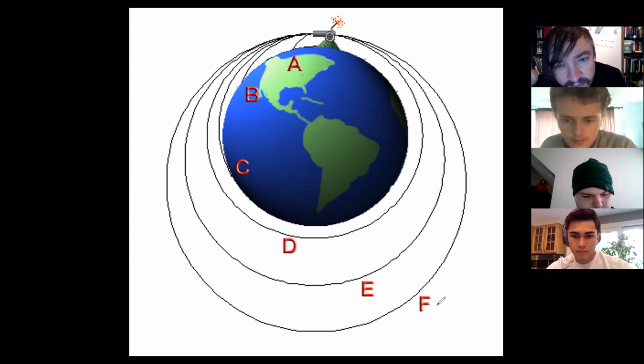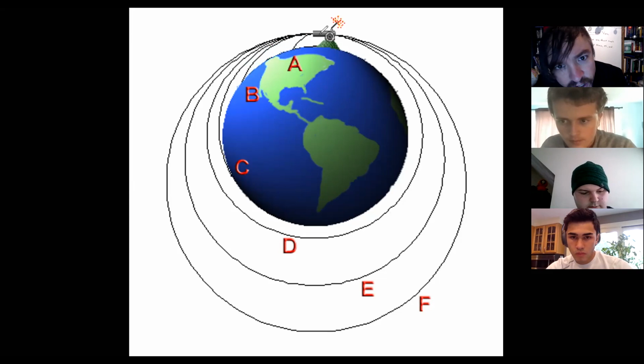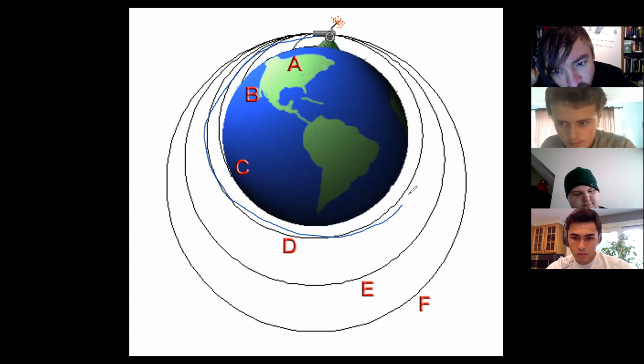But what if you tried firing a bullet on the surface of the moon? There is no air to slow down the motion of your bullet. So if you fired a bullet fast enough, you could actually get it to miss the curvature of the moon and travel all the way around the moon in a low moon orbit.